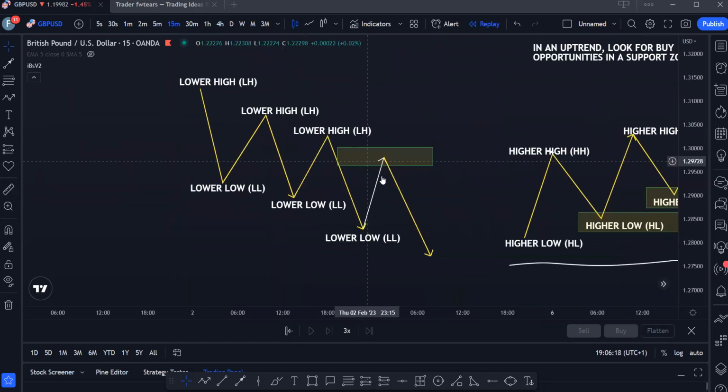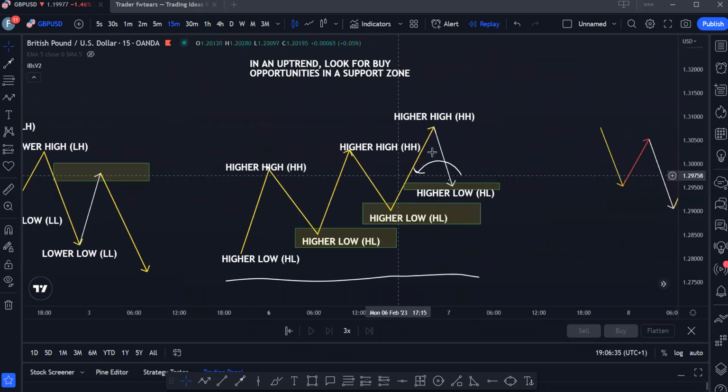In a downtrend like so, when price gets to a resistance, before you take entry for a sell, you want to validate this resistance. Do your confirmations before you look for sell. All right. In an uptrend, you want to spot a support.